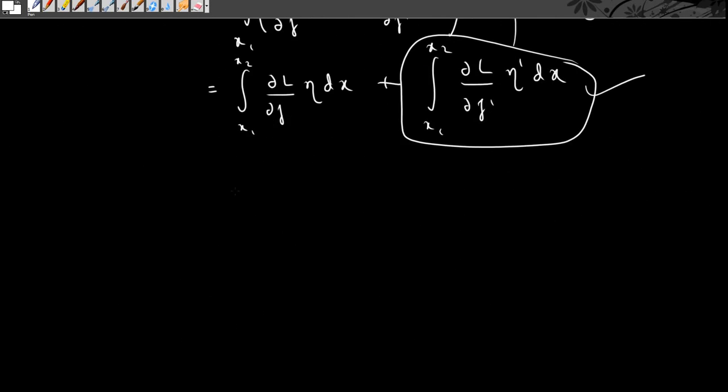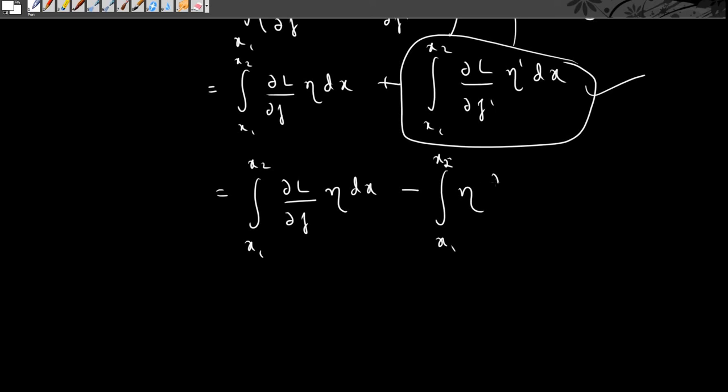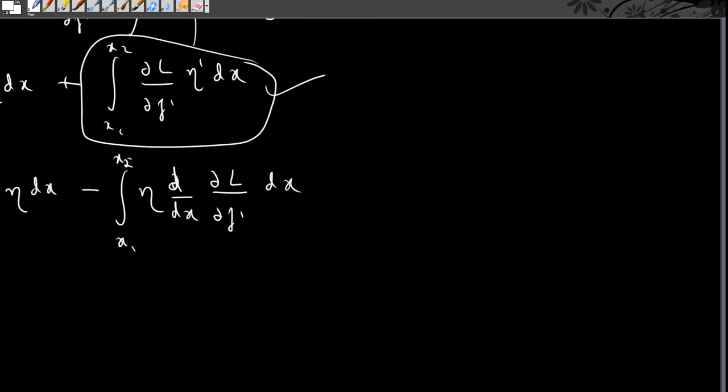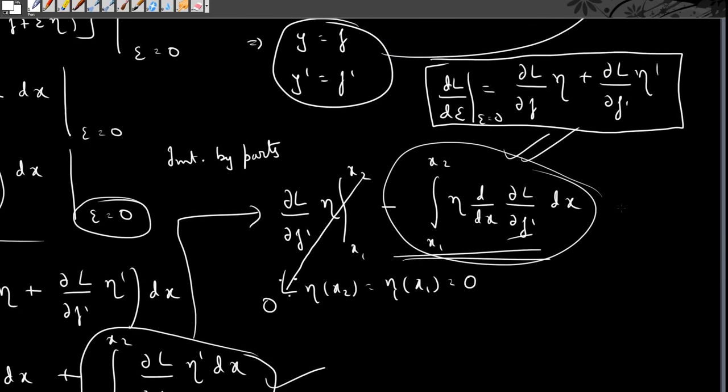So this becomes equal to integral x1 to x2 dou L by dou F times eta dx minus integral x1 to x2 eta into d by dx times dou L by dou F dash times dx, which is basically substituting this result.